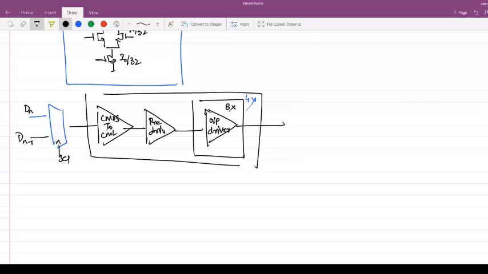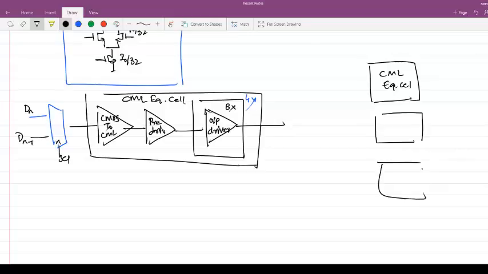Let me call this a CML equalizer cell, and I use 4 such CML equalizer cells, which are selecting between dn and dn minus 1 independently.